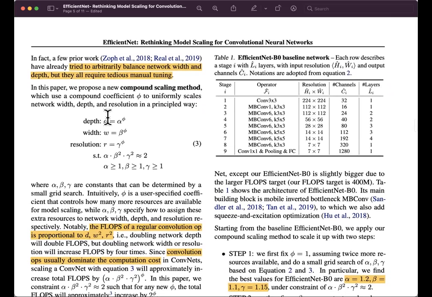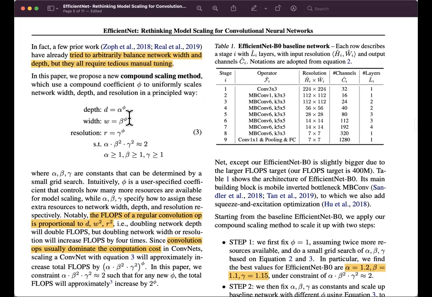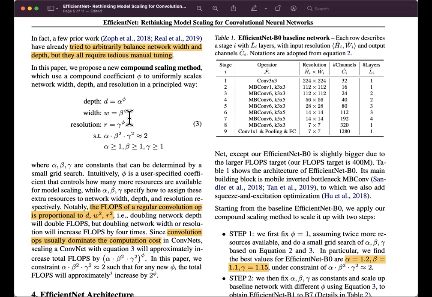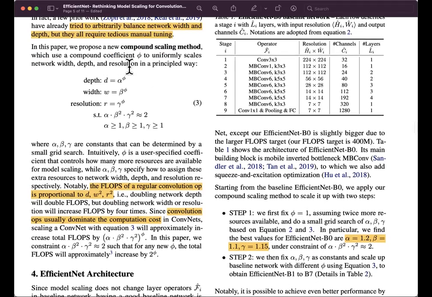We have depth d equals alpha to the power of phi, and similarly, we have phi here, and we have alpha, beta, and gamma. They all scale in an exponential way. Why? I actually would like to know why, but I hope someone can answer this question.